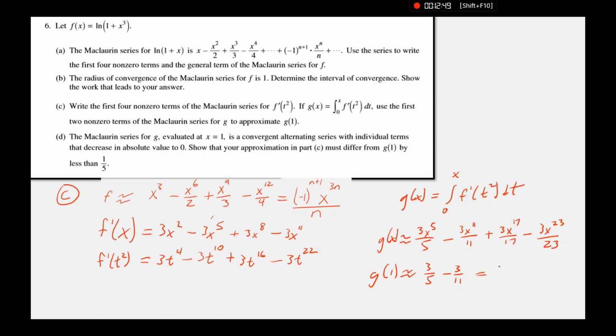So 55, and so 33 minus 15 over 55. Okay, what's the answer? 18 over 55.